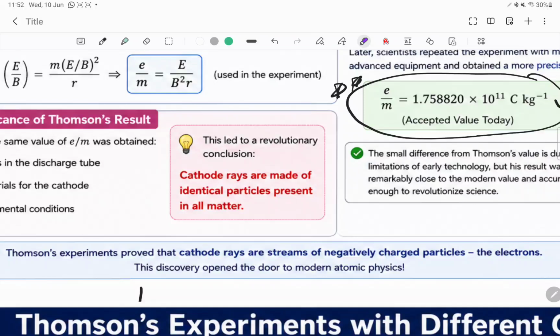So he proposed that the cathode rays which are generated in the tube are particles, and he named them as electrons.